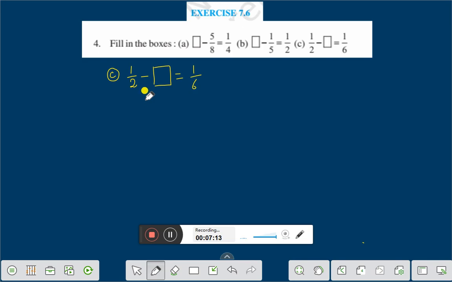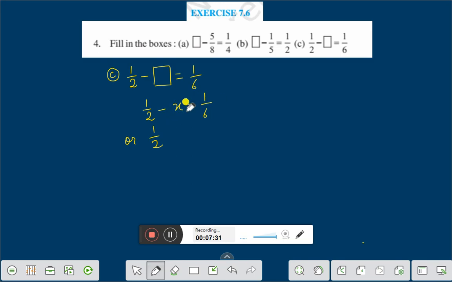Let us, in place of dash, put the value x, that is 1 by 2 minus x is equal to 1 by 6.